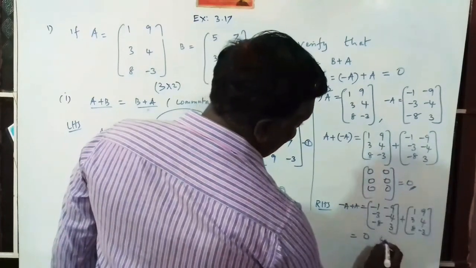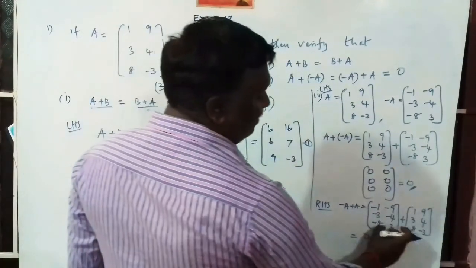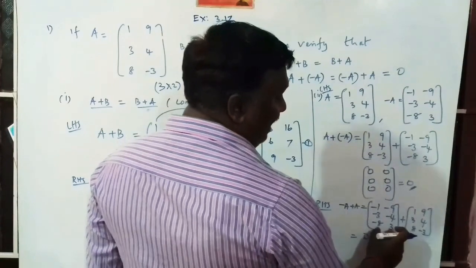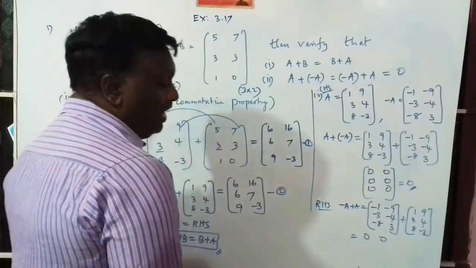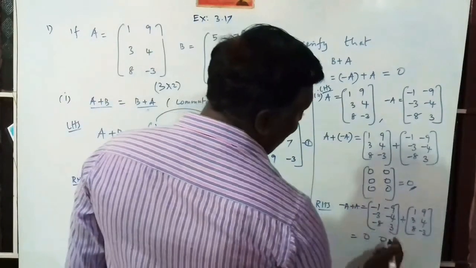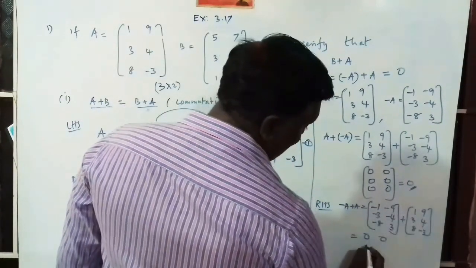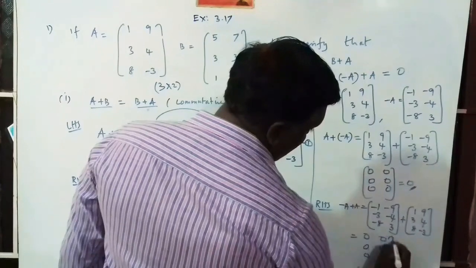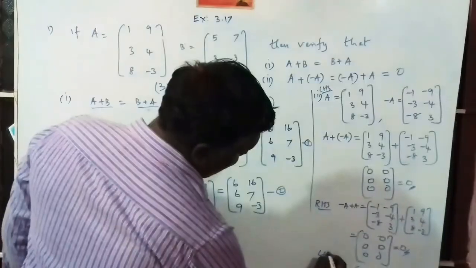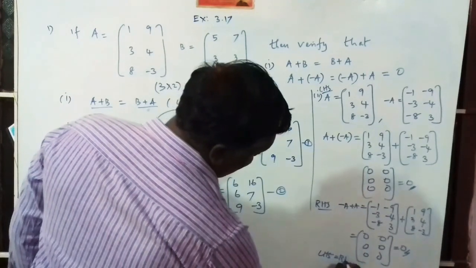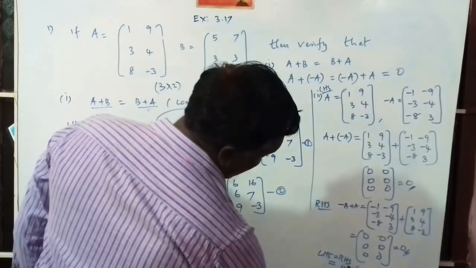Minus 9 plus 9 is 0. The two matrices are of the same order, so we add the corresponding entries: minus 3 plus 3 is 0. All the elements are 0, which is equal to the zero matrix. So LHS is equal to RHS. Hence proved.